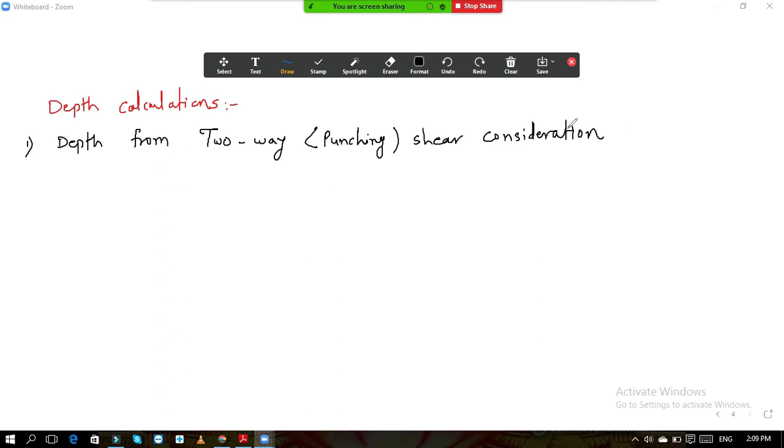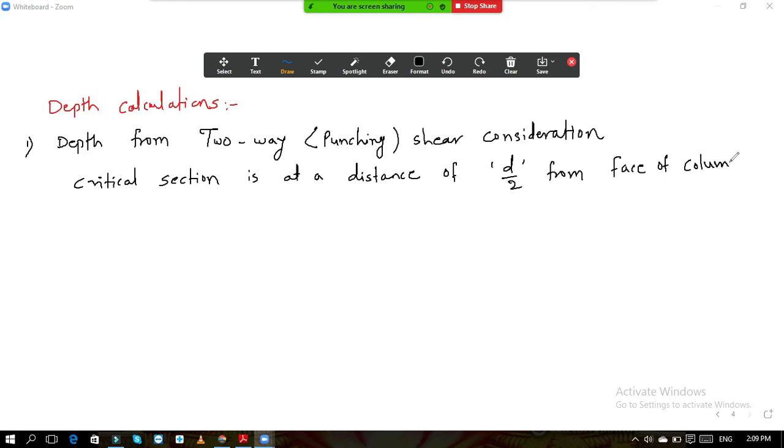Okay. For that, you know that the critical section is at a distance of d by 2 from the face of column.